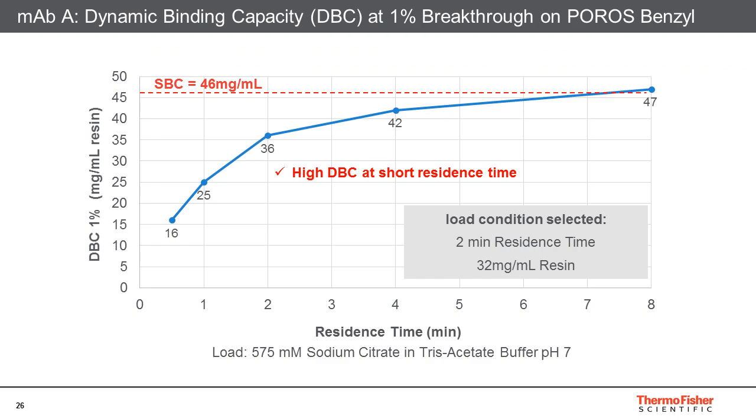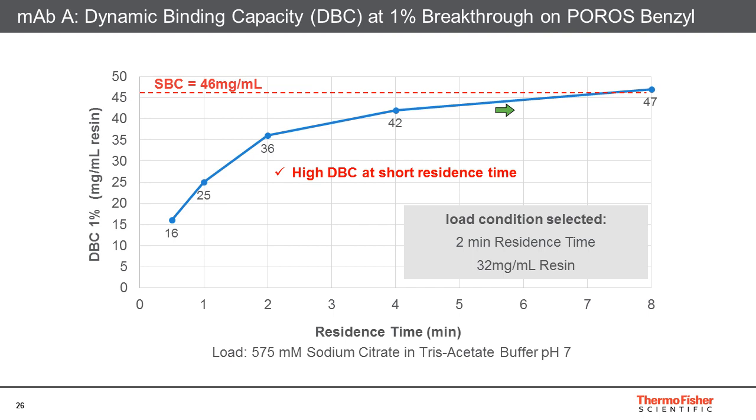So to begin optimization of the bind and elute process on porous benzyl, we first determined the dynamic binding capacity at 1% breakthrough as a function of different residence times. And here we observed that beyond 5 minutes residence time, the DBC basically approaches that of the static capacity, and that's represented by the dotted red line at around 46 grams per liter resin.